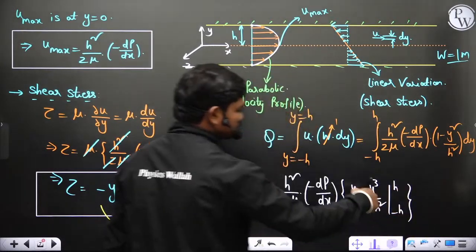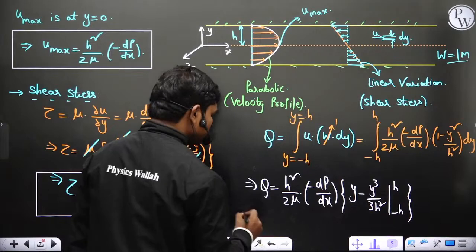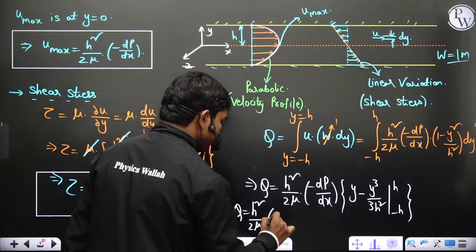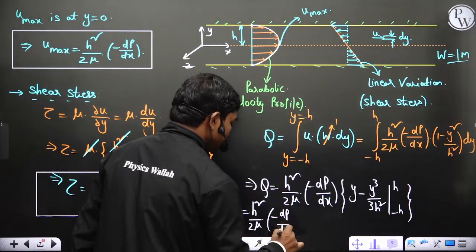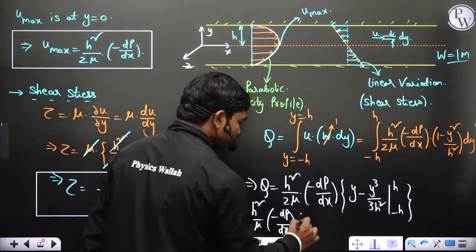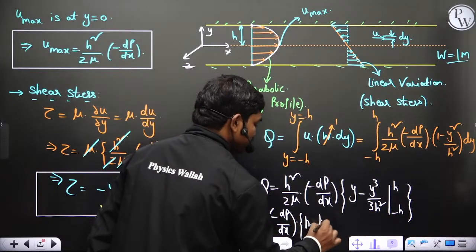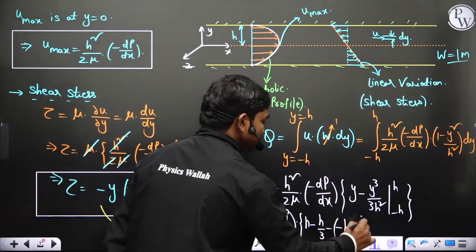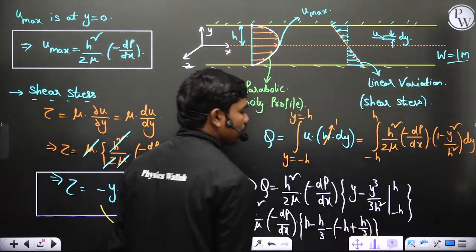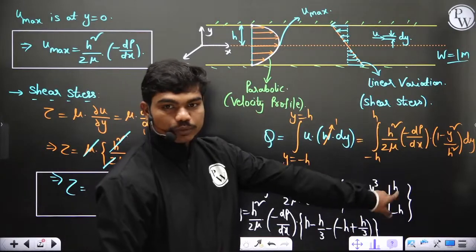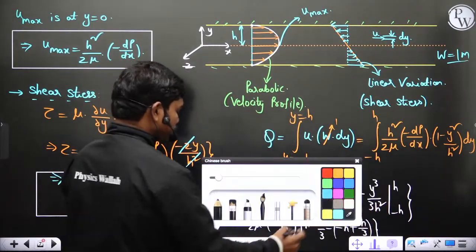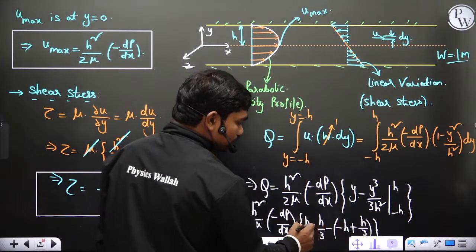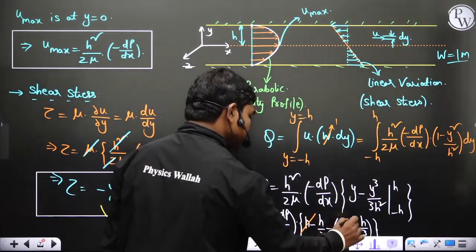So if you substitute, we get h square by 2 mu, minus dp by dx, into h minus h by 3, minus the value at minus h, which is minus h plus h by 3, because minus of h cube is plus h cube.